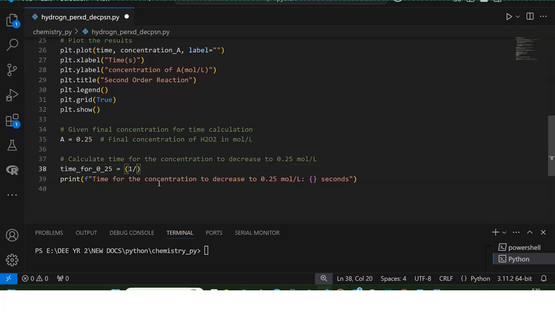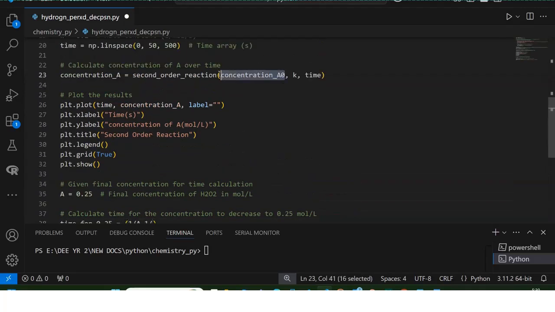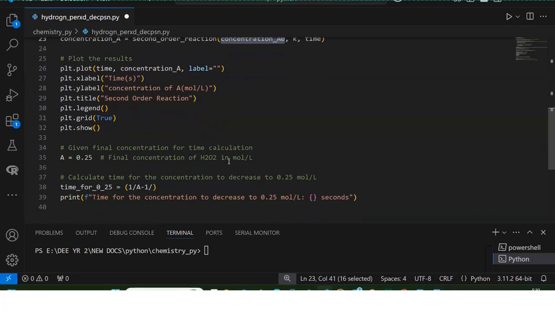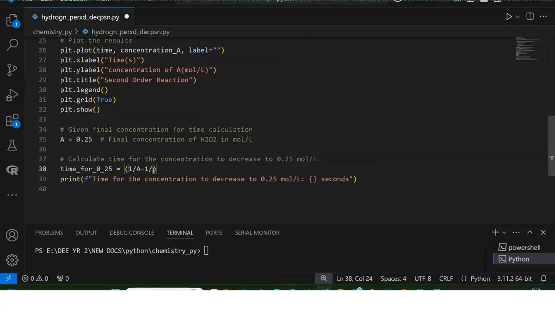Not the whole expression, but 1 over A, then minus, we are taking away 1 divided by the concentration. Remember we had the concentration at time equals 0, so it's also part of the equation. So we divide the whole thing by k.